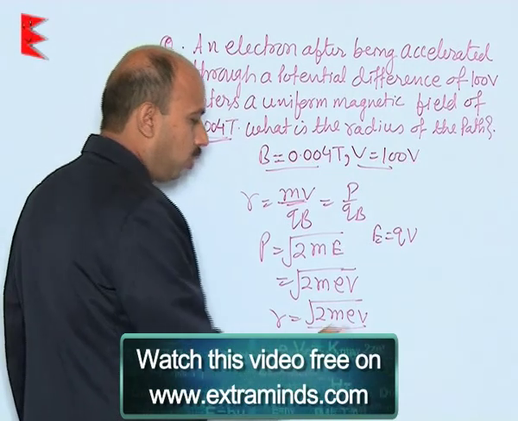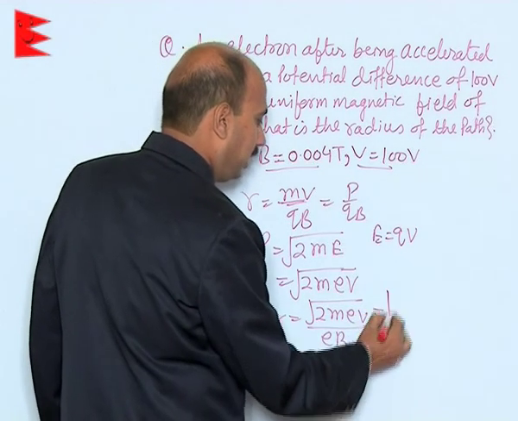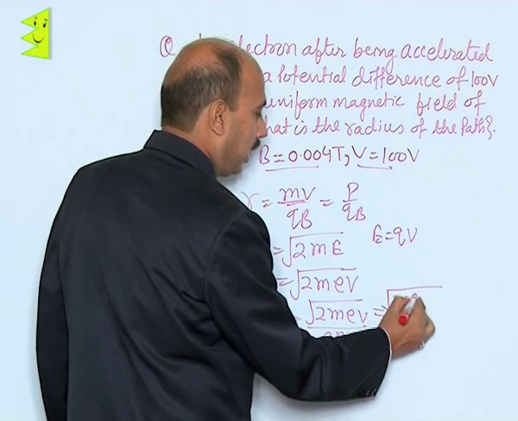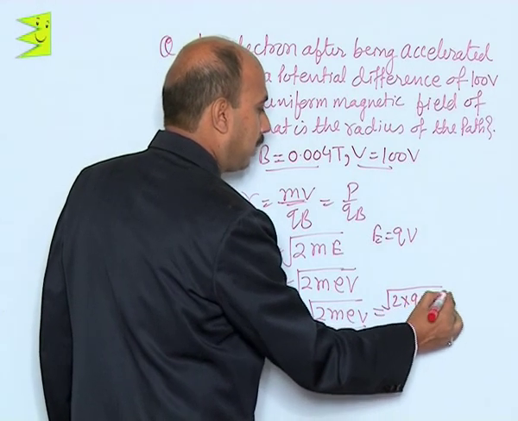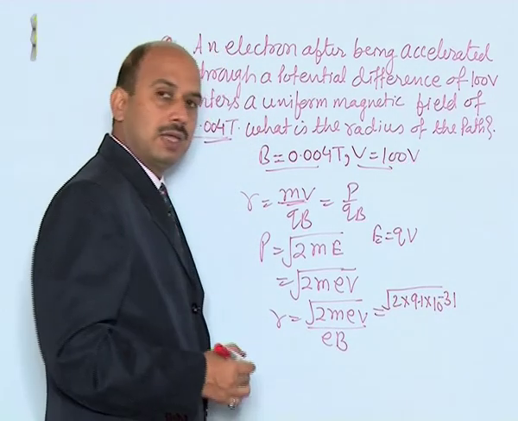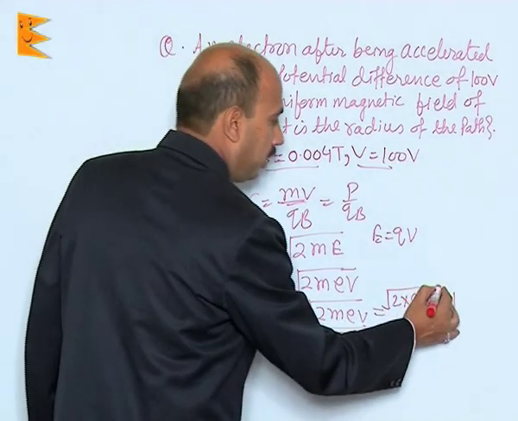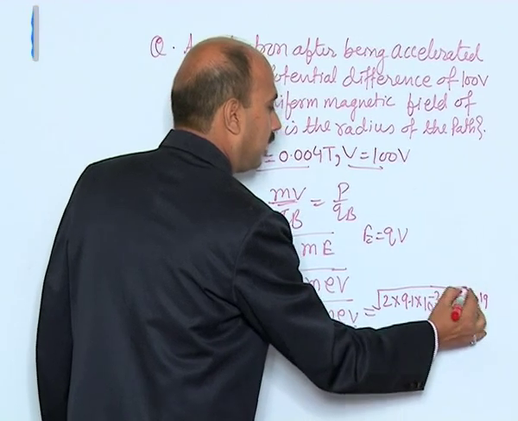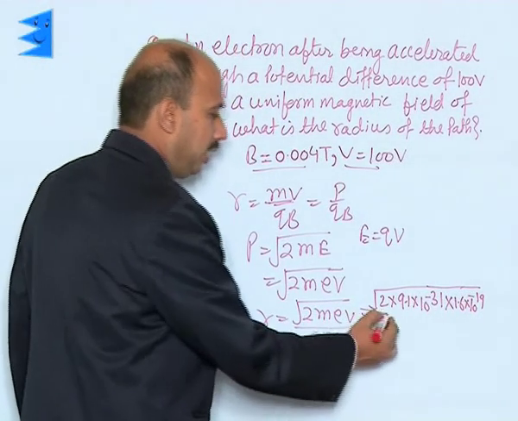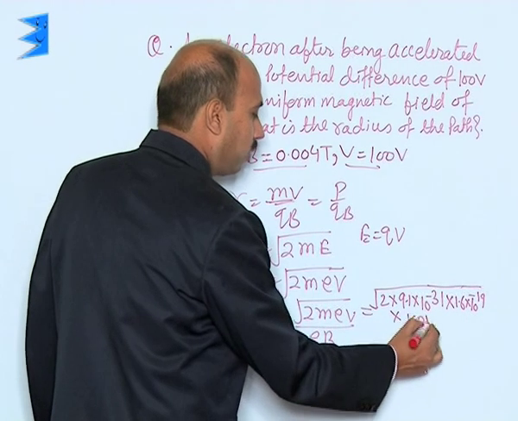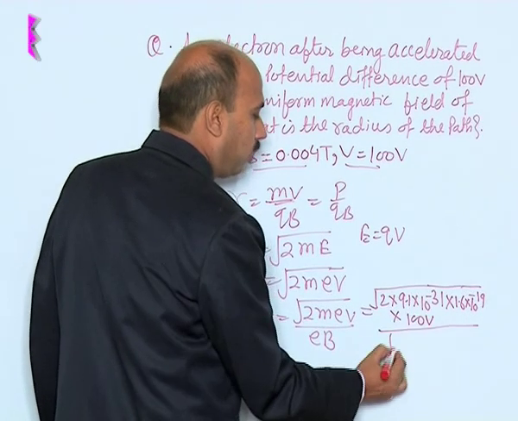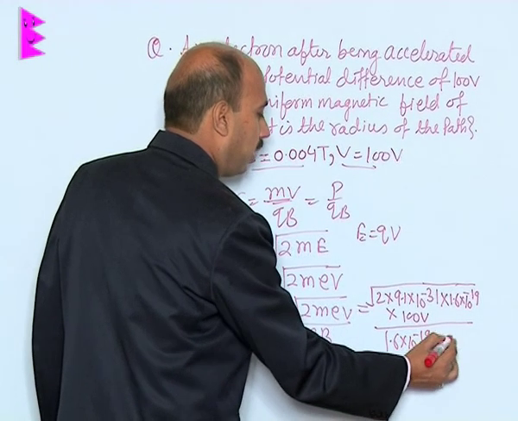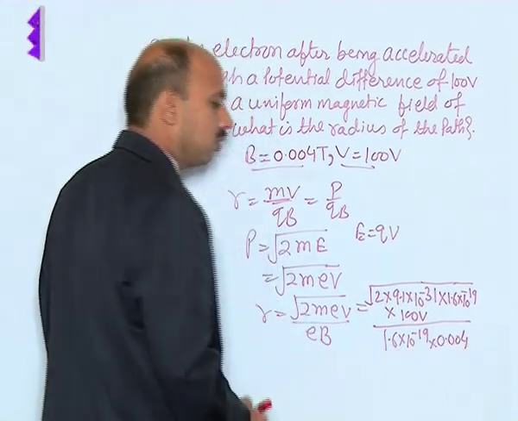So, when you replace all these values, you will be getting under root of 2 into 9.1 into 10 raised to power minus 31, that is the mass of the electron, into 1.6 into 10 raised to power minus 19 coulomb, that is the charge, into voltage, that is 100 volt, divided by 1.6 into 10 raised to power minus 19 into 0.004.